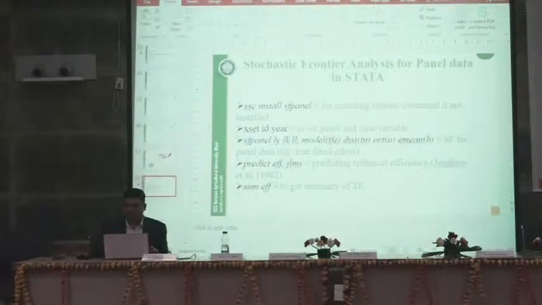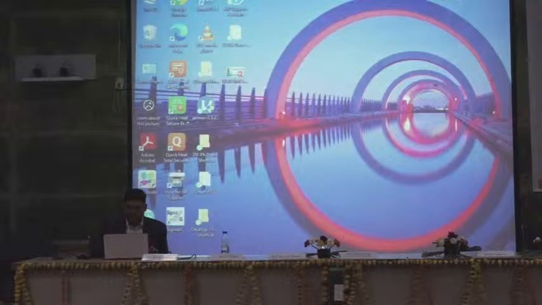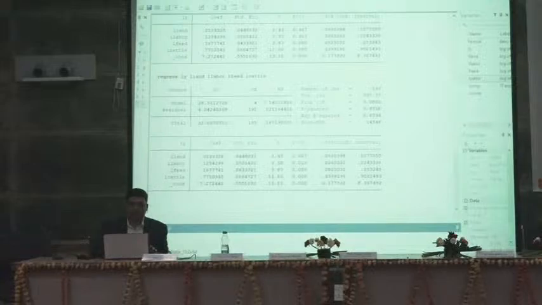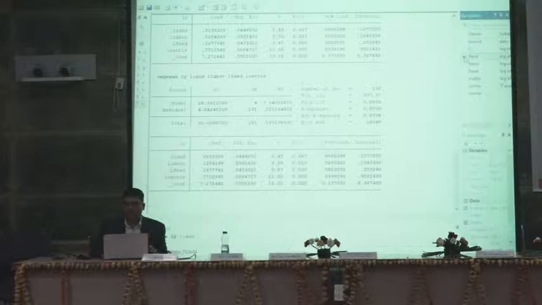So if we open this data and then type the command sf cross, then dependent variable followed by independent variables, then comma.